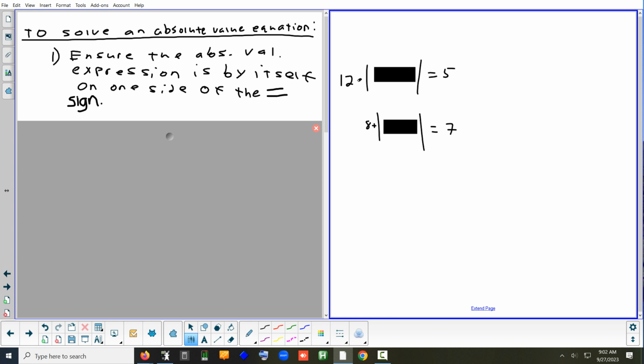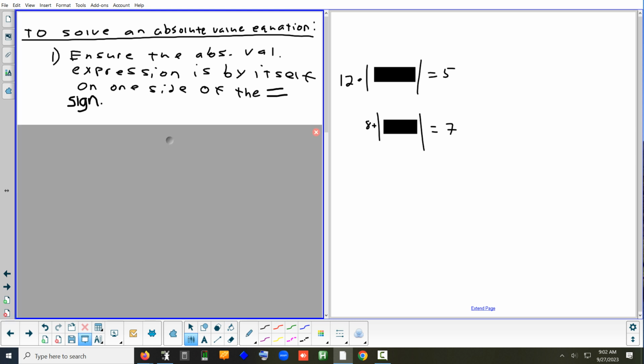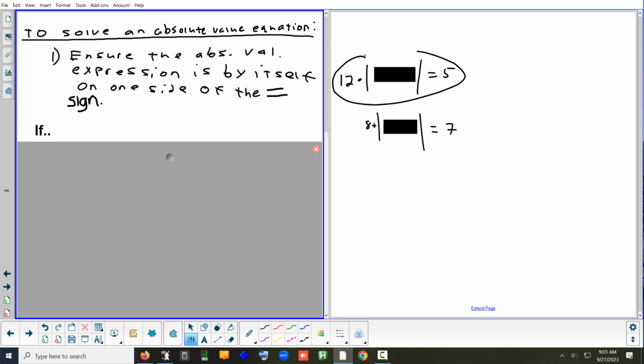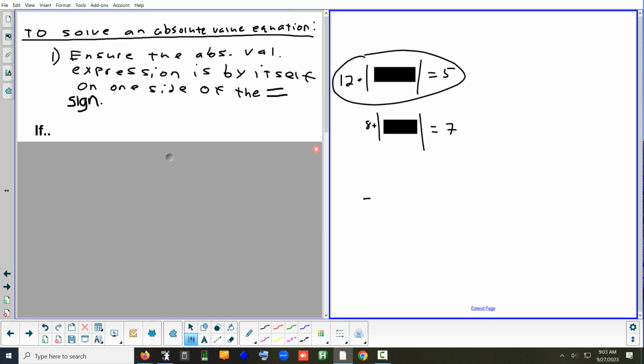Okay, and I'm going to show you an example. I'm not going to do those because those ones won't come out nice. But I'll show you what you do. Okay, so if there is a number attached to the absolute value, like 3|5x + 6| = 12, the 3 is attached to the absolute value.